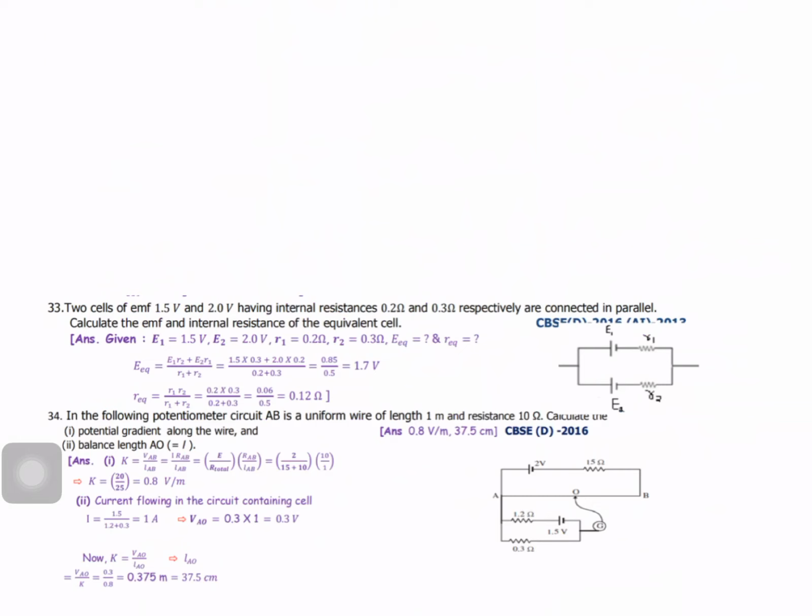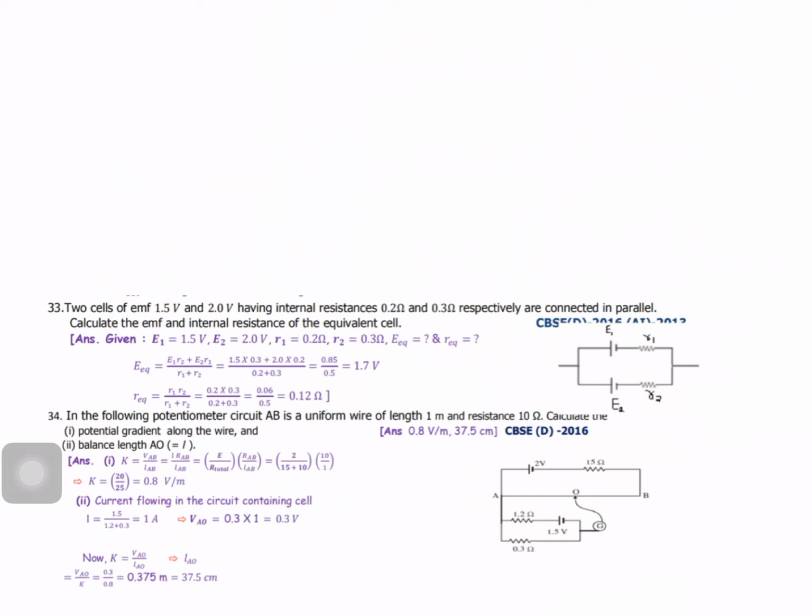The thing is K equal, you know that, VAB by length AB, or V is I into R, I into RAB by length AB, IAB cancel. What is E divided by R into RAB by length AB, that is equal to 2 by 15 plus 10 into 10 by 1. So K equal to 20 by 25, that is equal to 0.8 volt per meter.